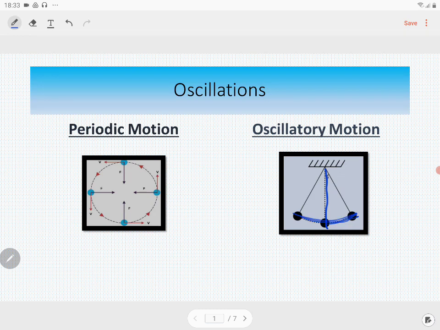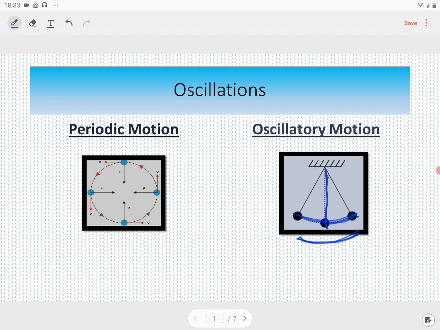What do we mean by this oscillation? To and fro motion. In half of the time period, it will travel in one direction. In the remaining half of the time period, it will travel in the opposite direction. That means the particle retraces its path. If the particle retraces its path, then it is called oscillatory motion, to and fro motion.